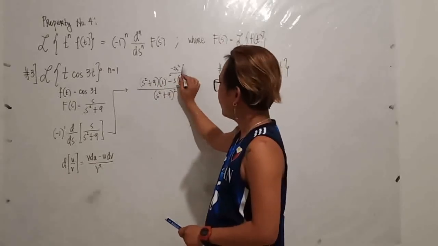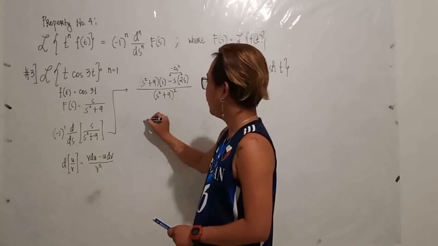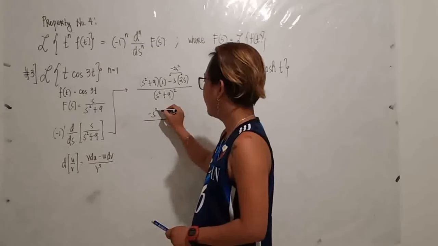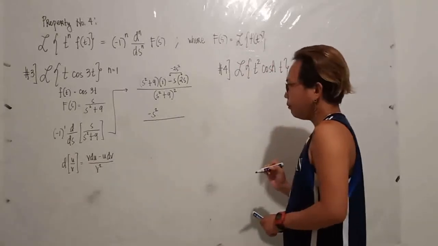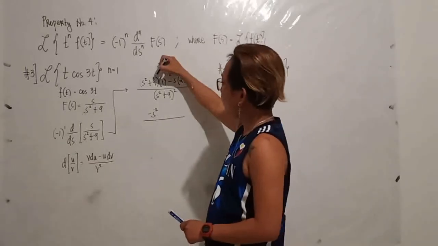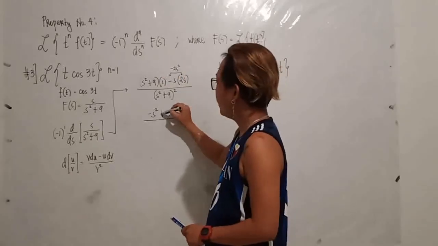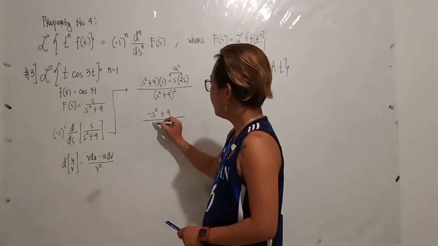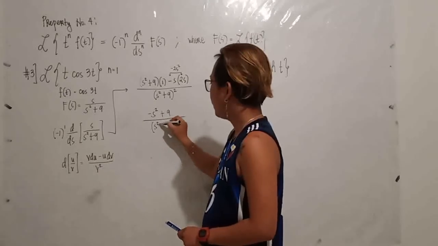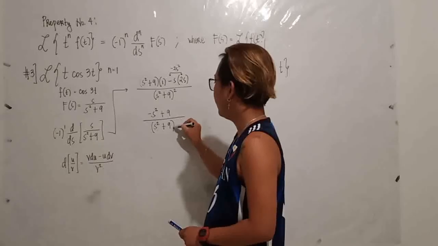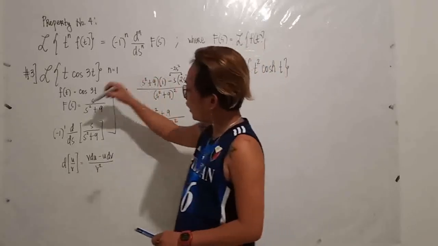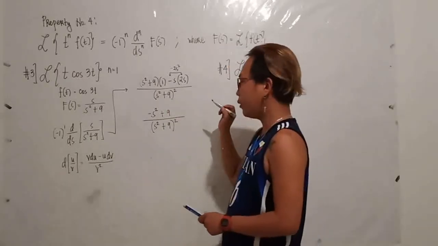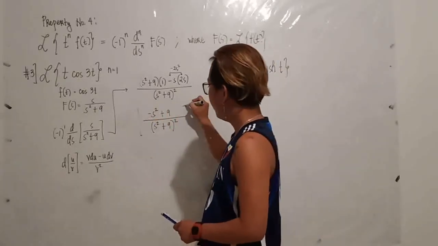So negative 2s squared plus s squared. That is negative s squared. Then this term, you will now have plus 9. So this will be s squared plus 9 squared. Then applying this part, that is negative 1 raised to 1, which is also negative 1.